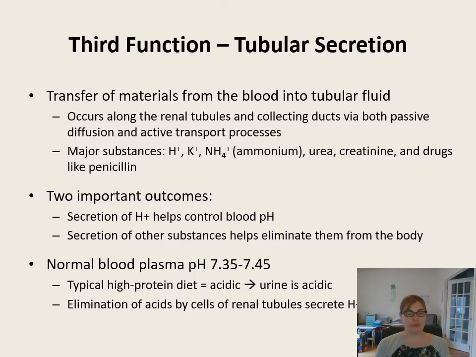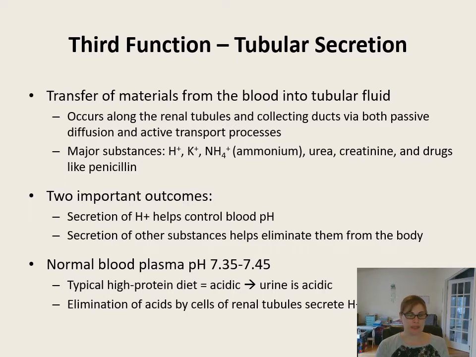So if our blood pH does not stay at 7.35 to 7.45, if it starts to become more acidic, closer to 6, the lower end of the spectrum, then we need to get rid of hydrogen, because hydrogen ions are what make something more acidic. And so the secretion of hydrogen helps control blood pH. We can get rid of it, and we can also secrete other substances that we want to get out of the body or out of the blood.